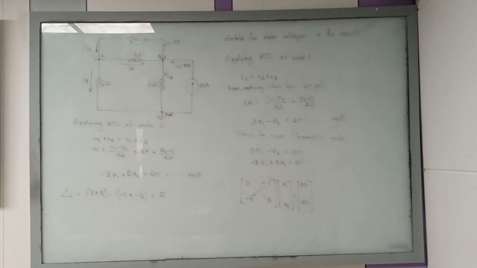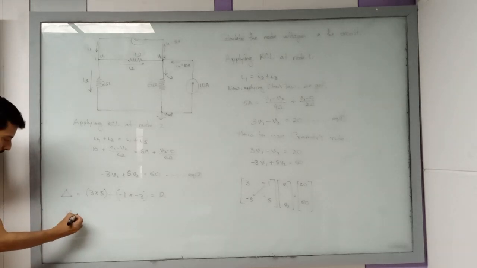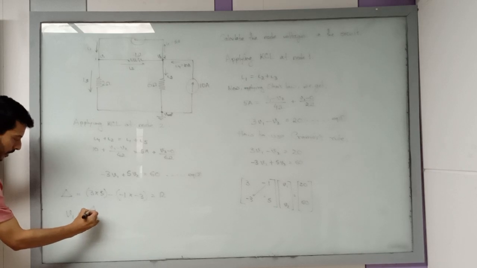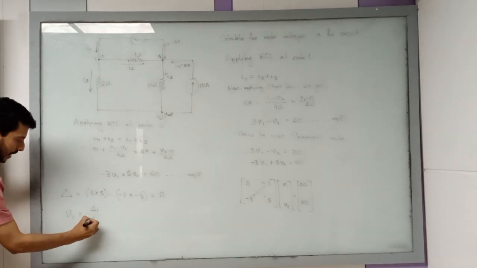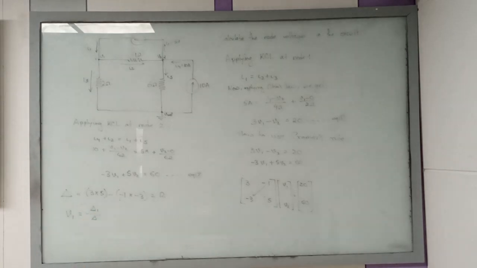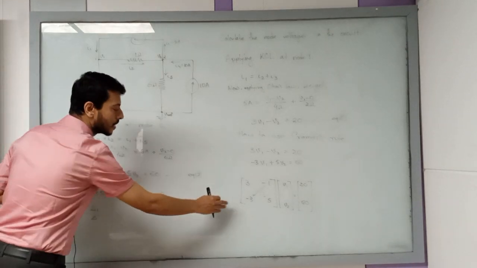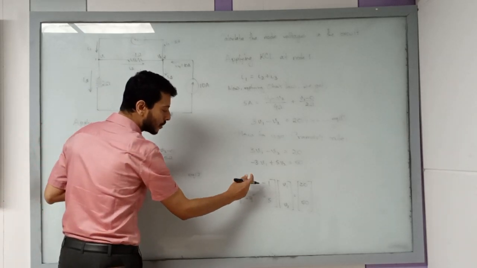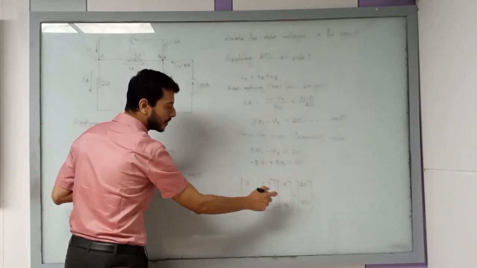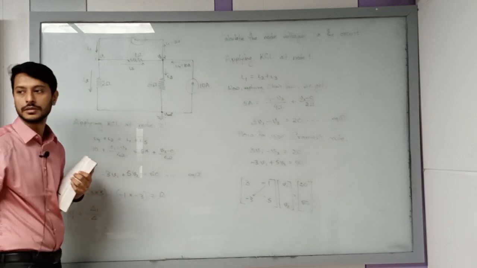Now the question is how will you find v1. The formula to find v1 is equal to del 1 divided by del. Now the question again arises, what is del 1? Del 1 is nothing but the same matrix, but only you have to replace this v1 column by this constant value.